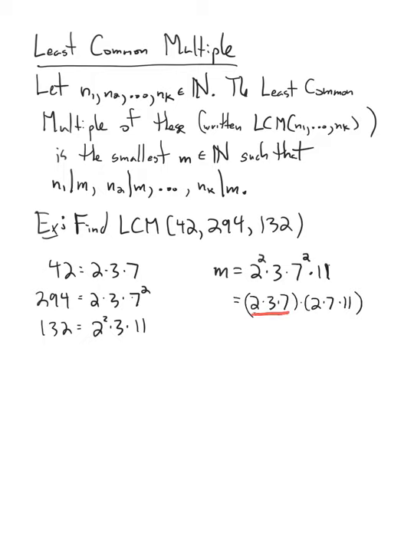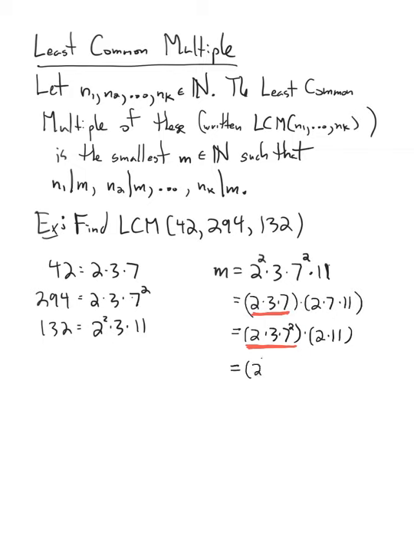I can also arrange it so it's a multiple of 294. So 2 times 3 times 7 squared. And then what do we have left over? We have a 2 and an 11. So we also have that it's a multiple of 294. It's 22 times 294.